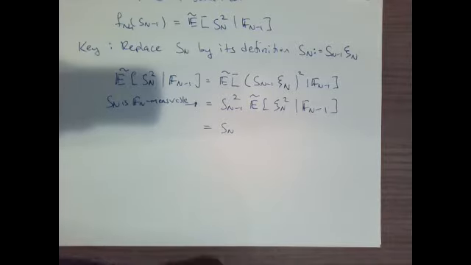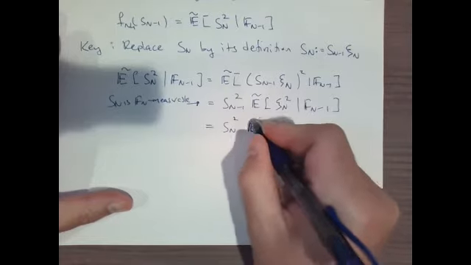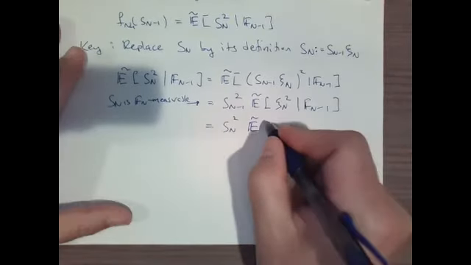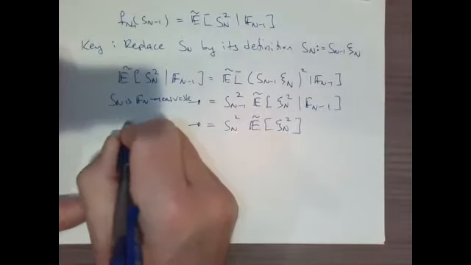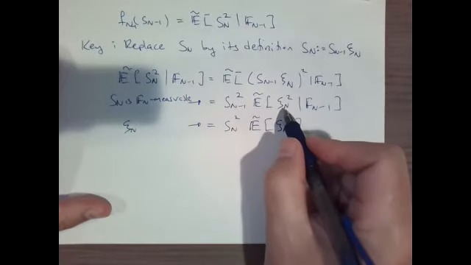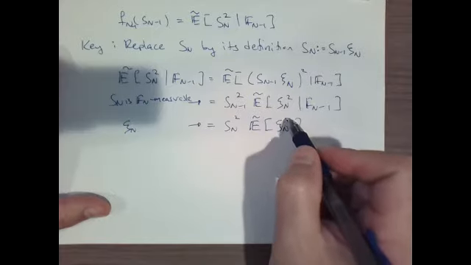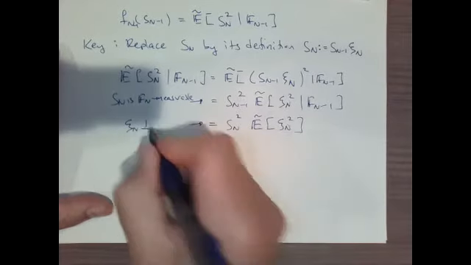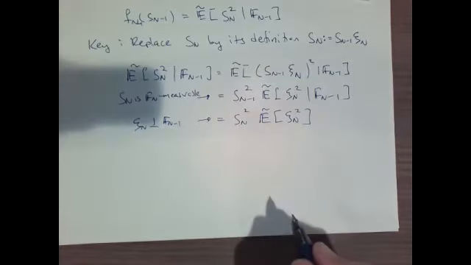I mean, that's it. That's all we have to do. We just have to get comfortable doing this. So we use the independence. This nth coin flip is independent of Fn minus 1, and when squared, it's still going to be independent of Fn minus 1.